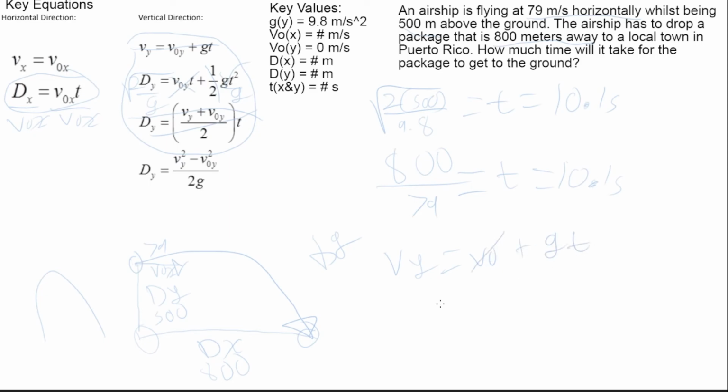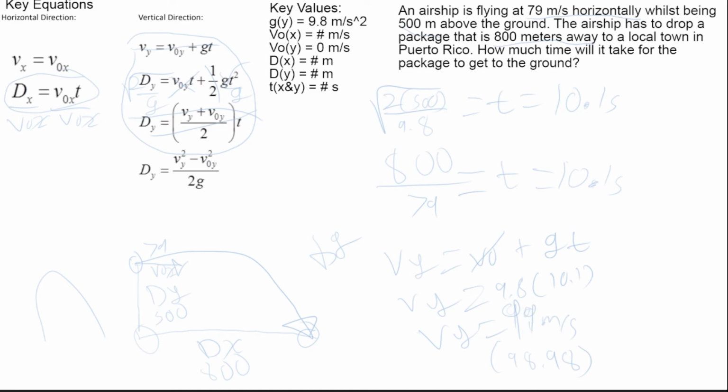Obviously v naught is crossed out, so vy equals 9.8 times 10.1, and you should get about 99 meters per second. I think it's 98.98 exactly, but we're going to round to 99 for the sake of simplicity.